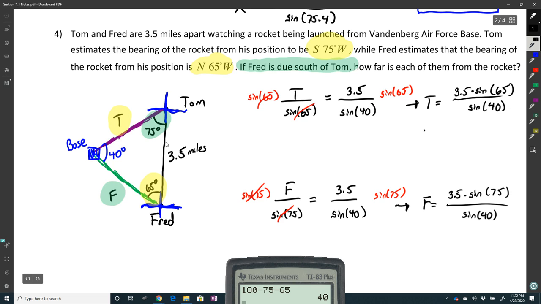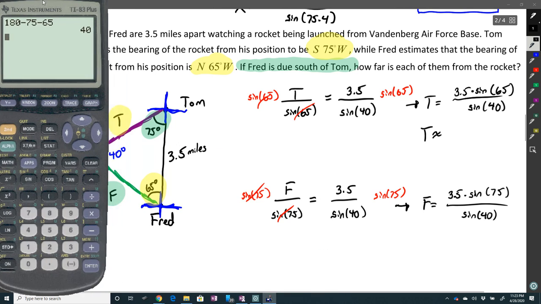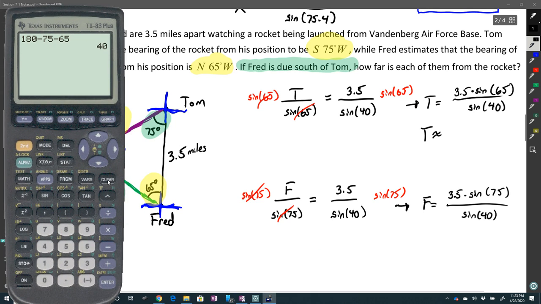Okay, so we type those in the calculator. 3.5 times sine of 65 divided by sine of 40 is 4.8, let's say 4.9. I'm just trying to stick with what they had. They said 3.5, so I'm going to use one decimal place too.